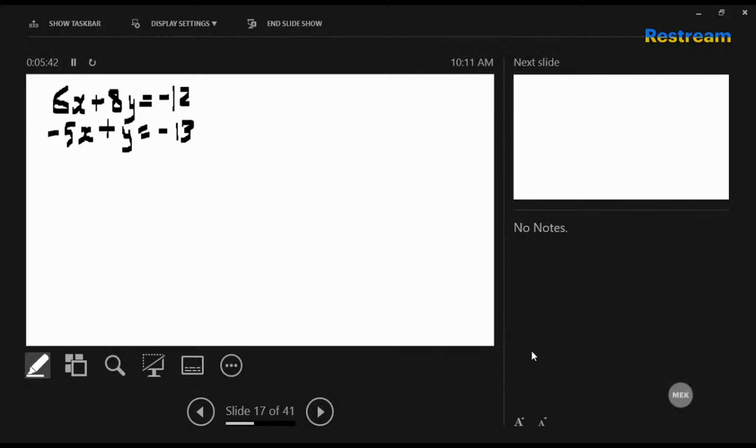So when we were doing the substitution method, I asked you to look at the word substitution. What does it mean? And we said that substitution means to put one thing in place of another.